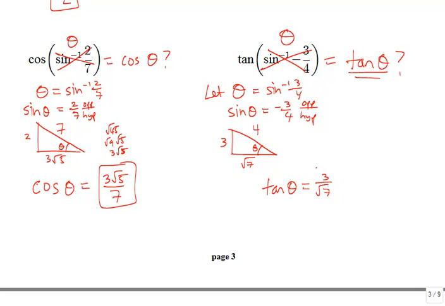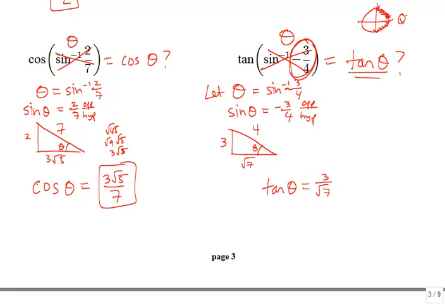Now we need to think about quadrants here for a moment. This original sine of theta was negative 3/4. So when we find inverse sine of negative 3/4, remember, inverse sine only gives angles either in quadrant 1 if this number is positive, or quadrant 4 if this number is negative.